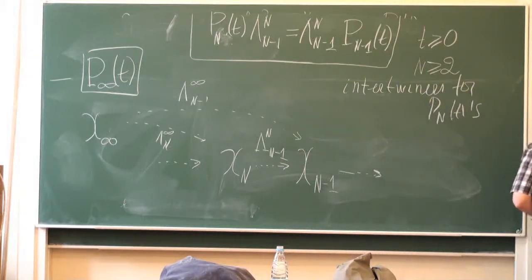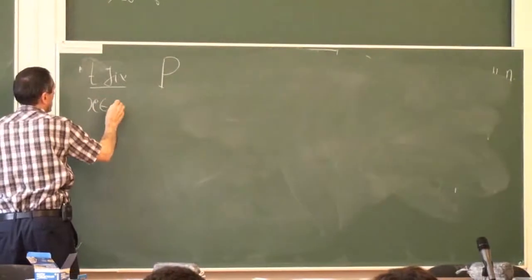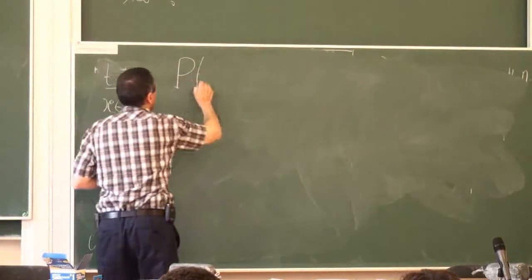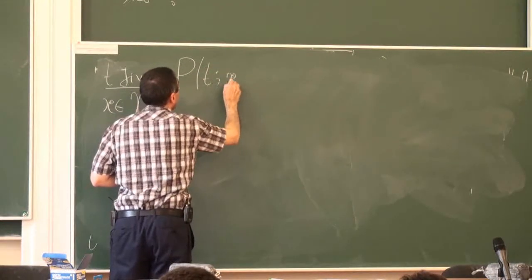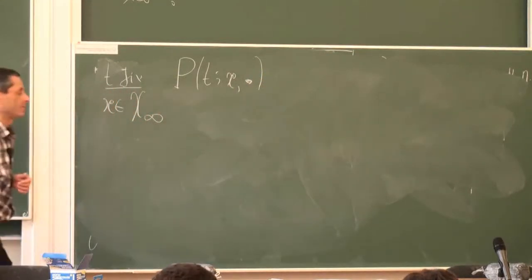Indeed, how to define this semigroup? Fix t, and fix some point at the boundary. And we want to define this object, and this should be a probability measure.